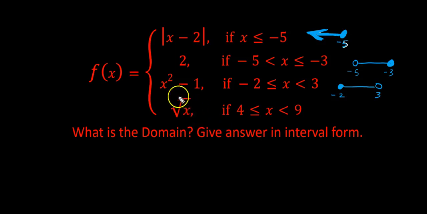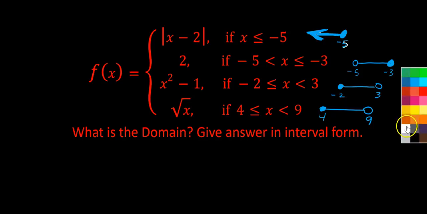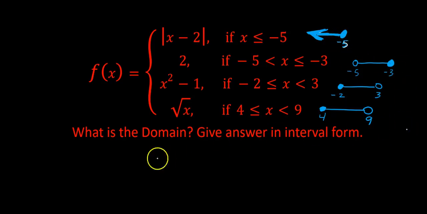And then finally, I use this formula if X is between 4 and 9, and it is allowed to be 4, but it is not allowed to be 9. Okay, now I'm getting much closer to giving the answer in interval form. I'm going to take all four of these separate pieces and put them together on one number line.